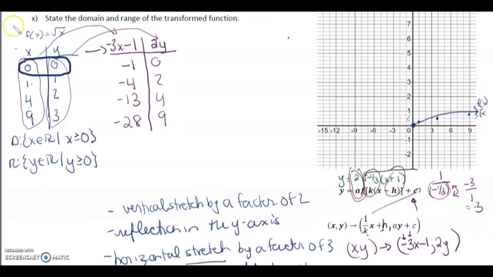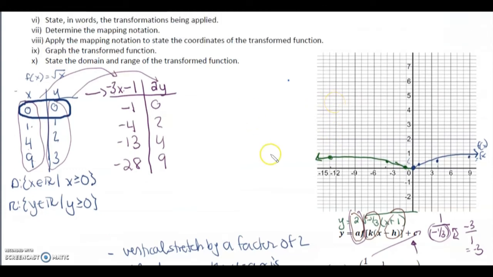Go ahead and graph this: -1, 0, -4, 2, -13, 4. I am going to change this grid next time. Here we go. Okay, and then we label f of x equals -1/3 x plus 1.